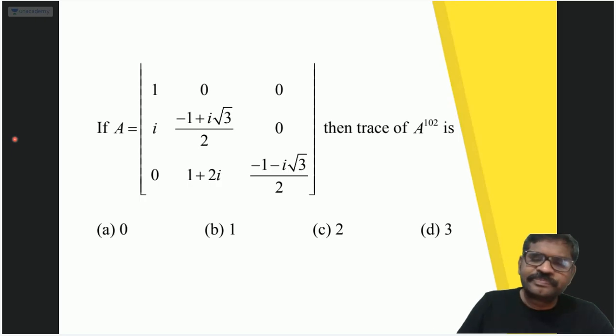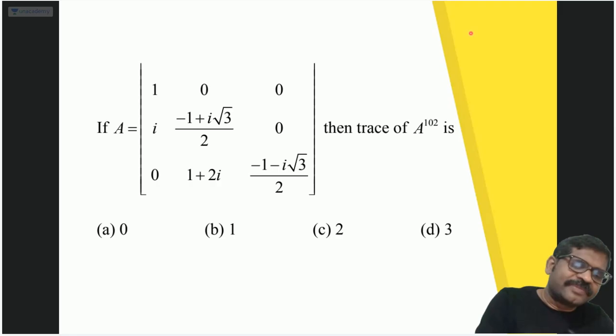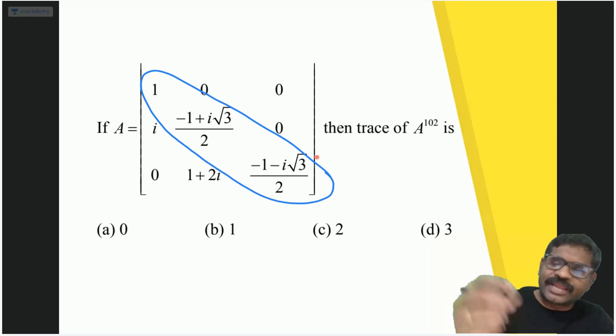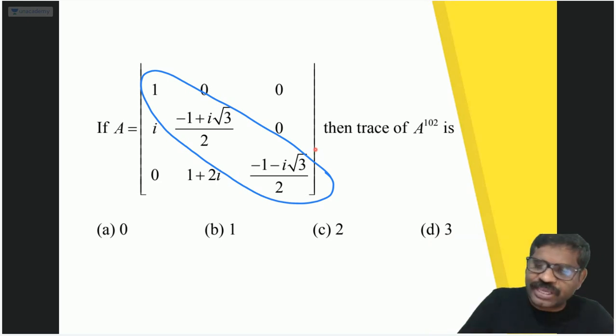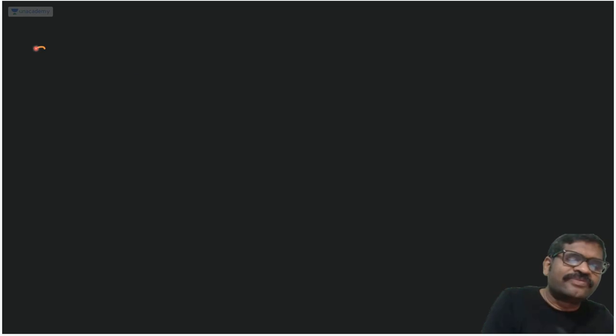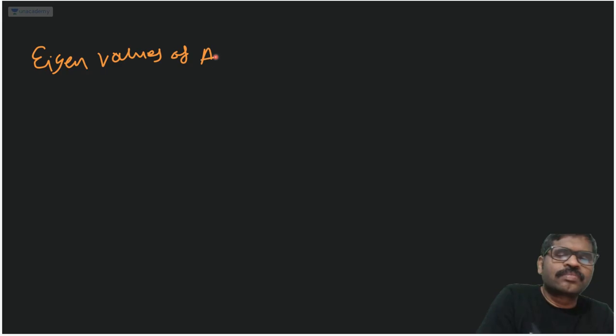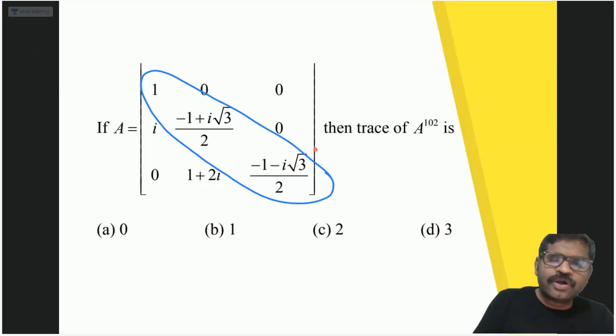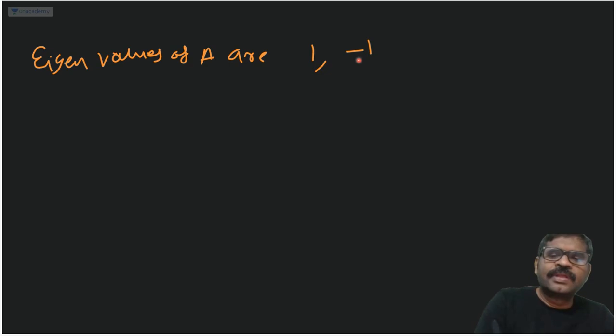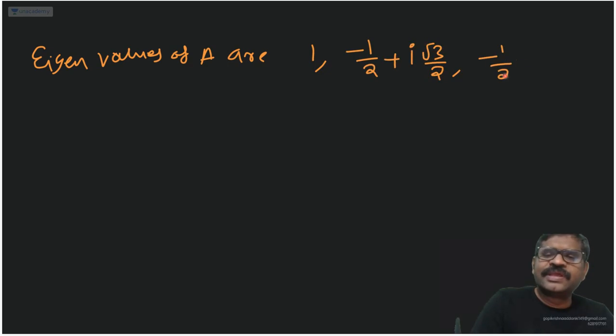Very good. Observe here. The matrix is triangular. If the matrix is triangular, eigenvalues of a triangular matrix are nothing but its leading diagonal elements. So here, eigenvalues of A are 1, minus 1 by 2 plus i root 3 by 2, minus 1 by 2 minus i root 3 by 2.